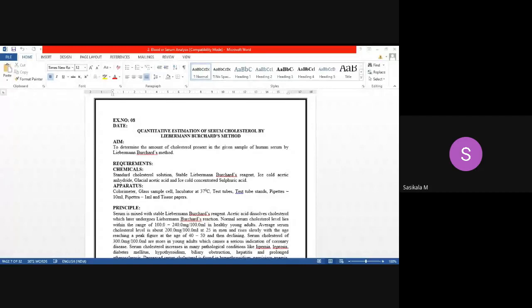Okay, now let's move on to the next experiment. I hope you can see the document shared for the next experiment. That is the eighth experiment, quantitative estimation of serum cholesterol by Liebermann-Burchard's method. So we are going to analyze serum cholesterol level quantitatively by using Liebermann-Burchard's method.